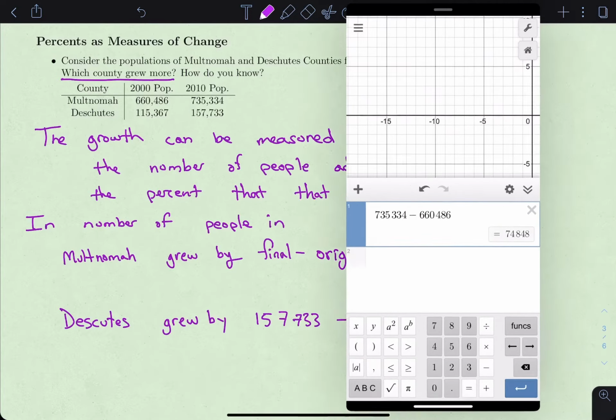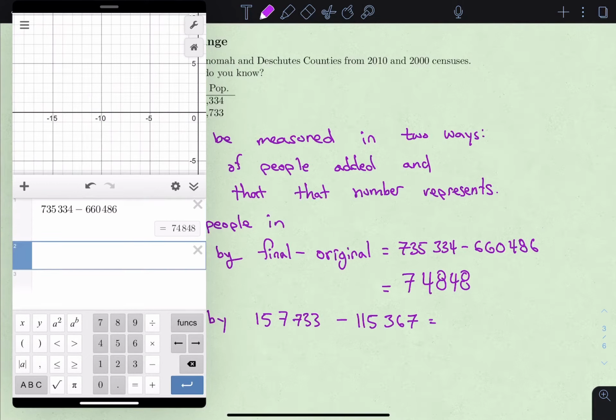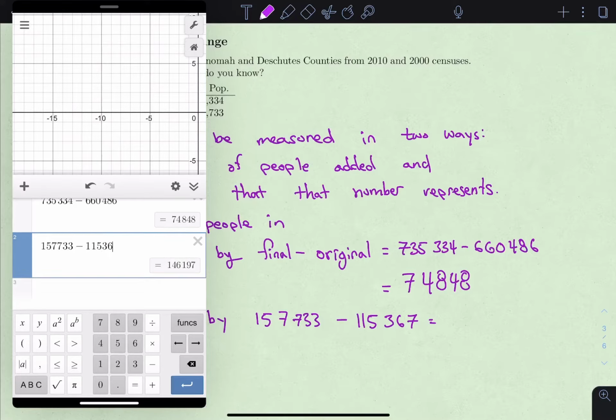Bring our calculator back. 157,733 minus the original gives 42,366.